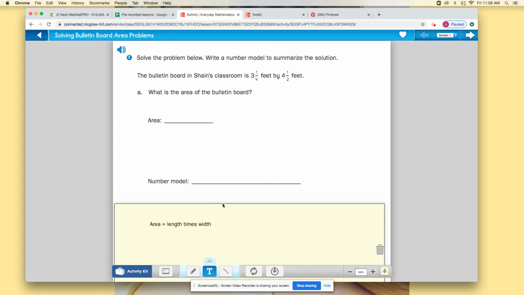What is the area of the bulletin board? All you would do is take the length, take the width, multiply them together, put your number sentence here, your answer there, and remember when you do area, you have to put your unit followed by squared. You could go through and complete the rest of the questions there.